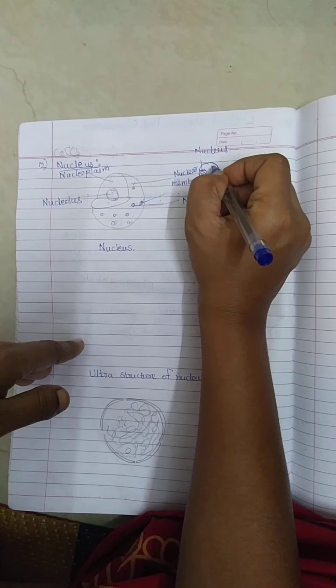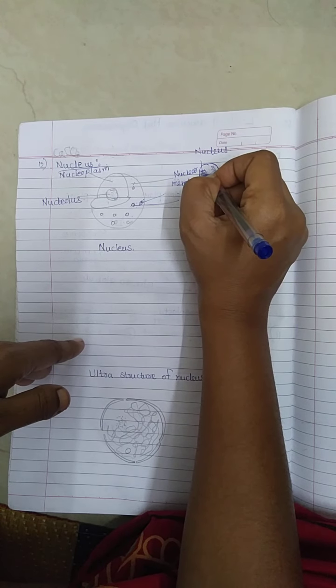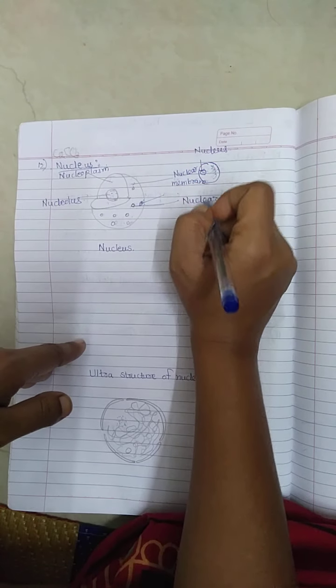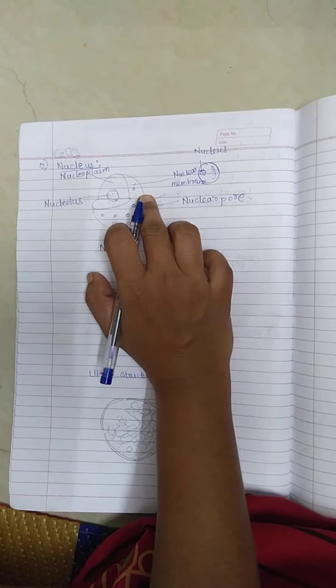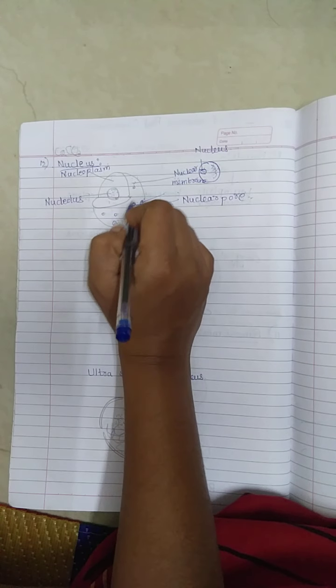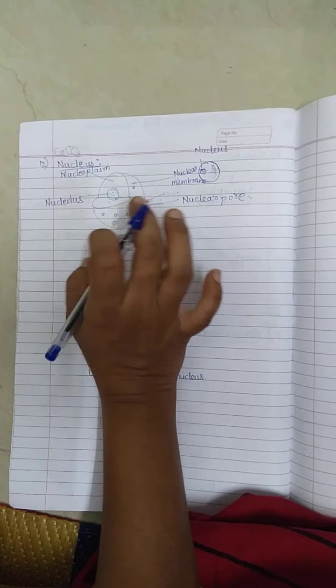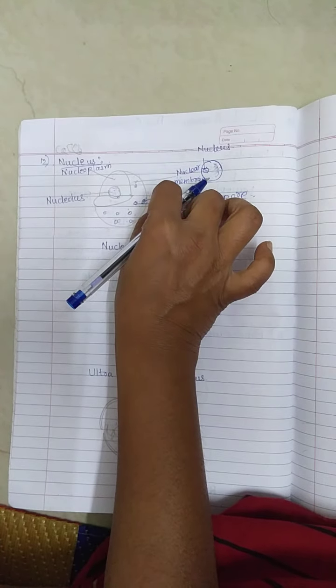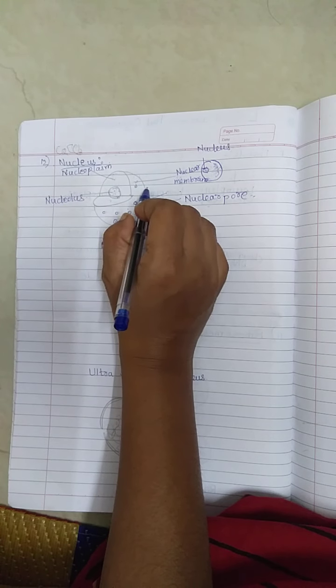The nucleolus is made up of mostly rRNA and ribosomal protein, and it is best known as the site of ribosome biogenesis.